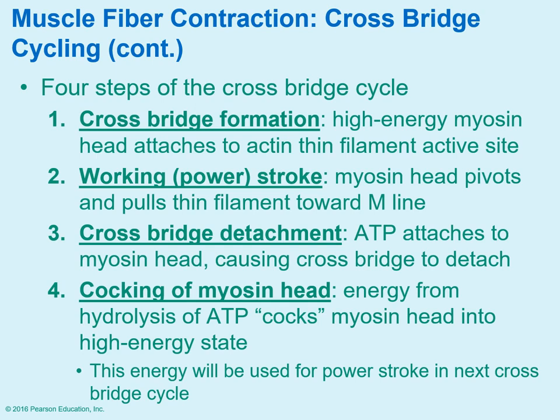Think of being in a boat with oars, if you've ever been in a rowboat or a canoe. You put the paddle in the water, and then you have to pull it. Then you have cross-bridge detachment. This is going to involve ATP, and then the myosin head has to cock, kind of get into position for the next stroke.